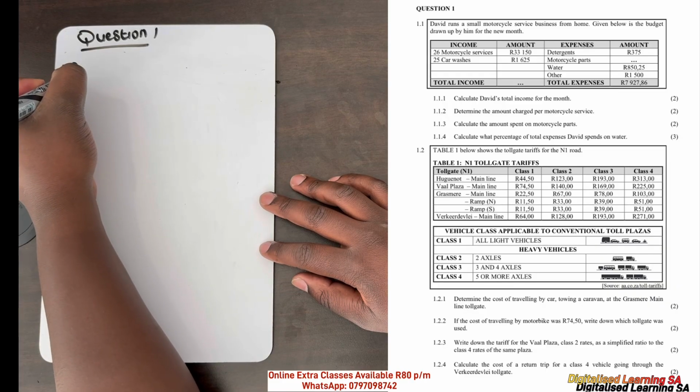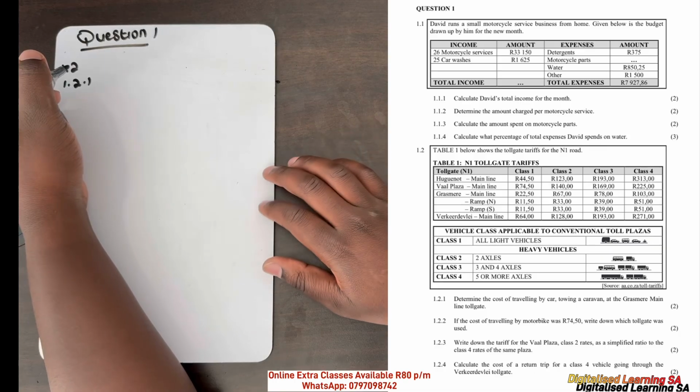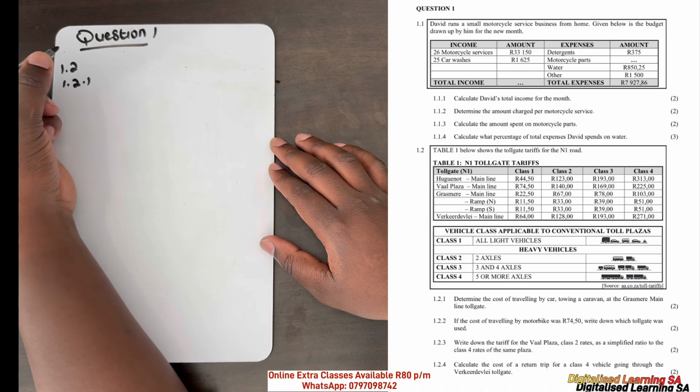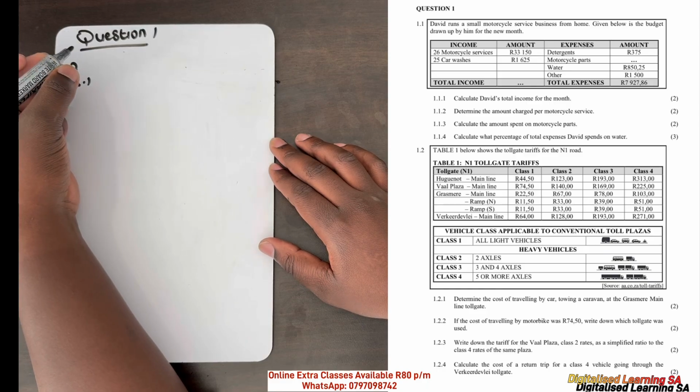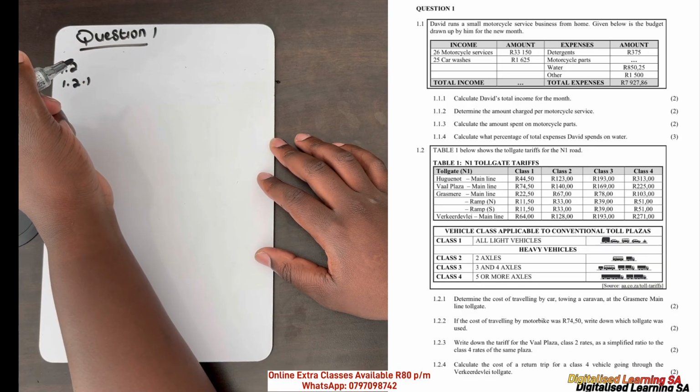So let's go ahead and start working on our first set of questions. So question 1.2.1 says, determine the cost of traveling by car, towing a caravan, at the Grasmere main line toll gate.